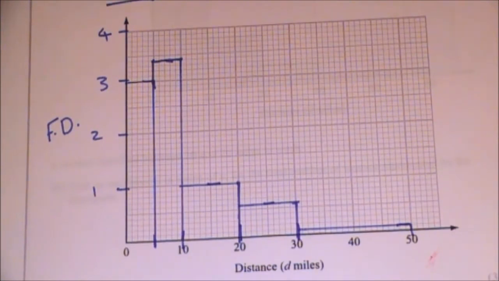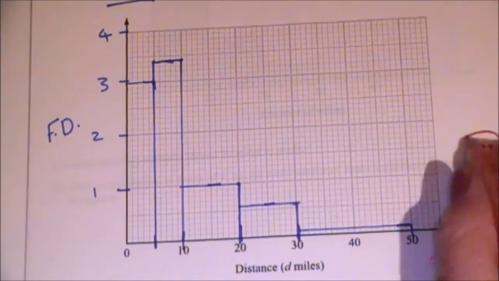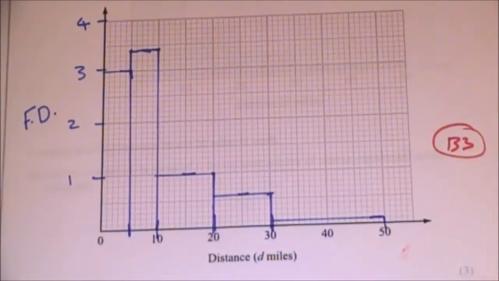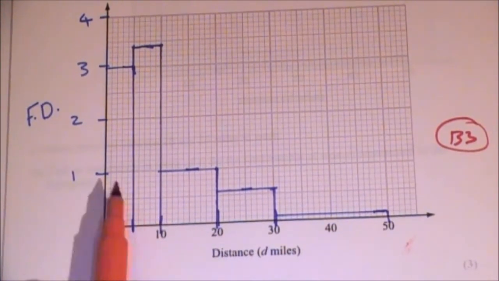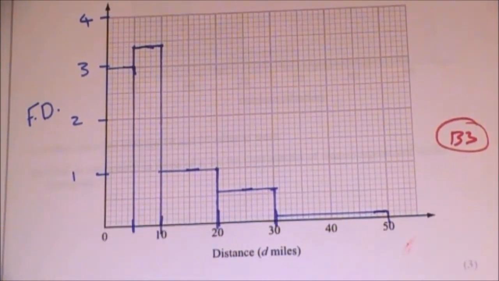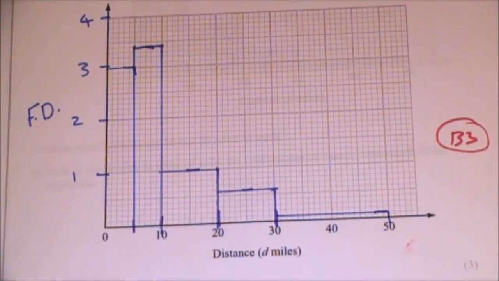Now with regards to how the marks are allocated, you get 3 marks for getting a fully correct histogram. You get 2 marks if you've got 4 of the blocks correct. You get 1 mark if you've got 3 of the blocks correct. You get 1 mark if you've got a correct key.